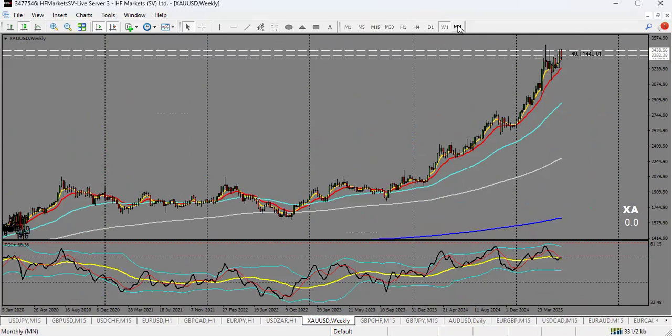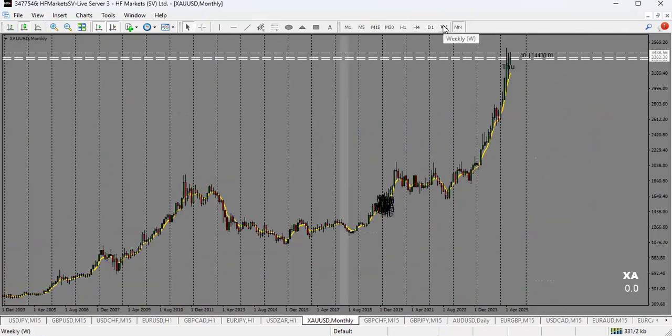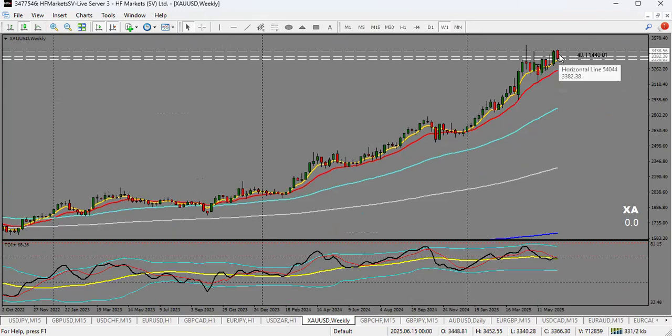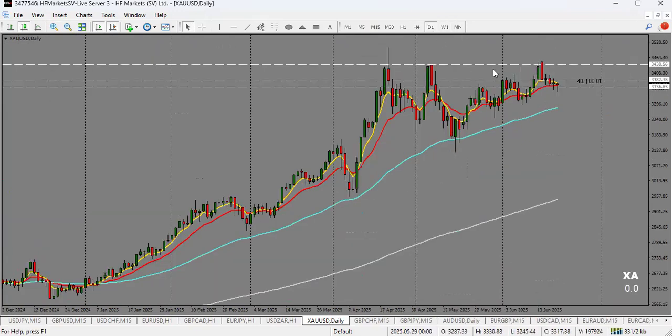And this is gold here. On the monthly time frame, we are still on a bullish market structure. Let's look at the weekly candle from last week. It is red, but it's not a confirmation that the market structure has changed.